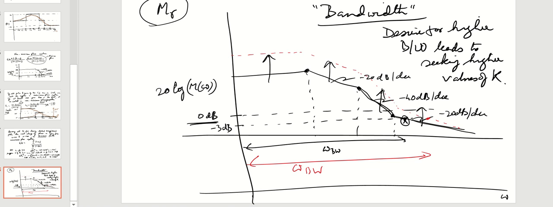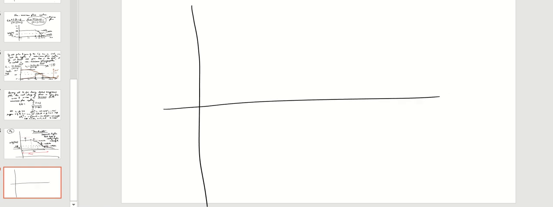In order to answer that, let me quickly draw this here. Why would we want this at all? Think of this typical second order response that we had constructed earlier. Something like this.